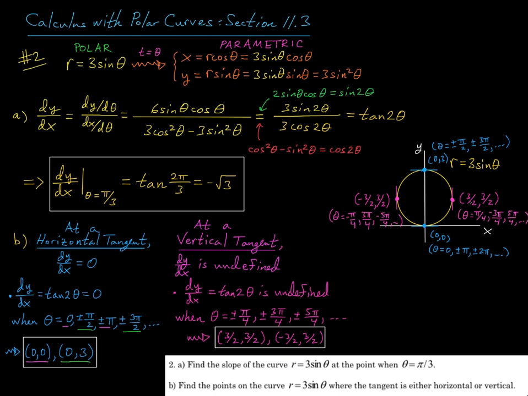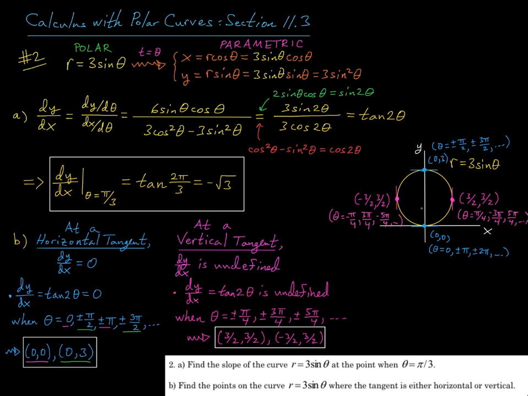We're going to be at (3/2, 3/2), at this right edge of the circle where we can see we do have a vertical tangent, when theta is pi over 4 or negative 3 pi over 4, 5 pi over 4, or negative 7 pi over 4, and so on and so forth. And then we're going to be over at the point (-3/2, 3/2) when theta is negative pi over 4, 3 pi over 4, negative 5 pi over 4, 7 pi over 4, and so forth.